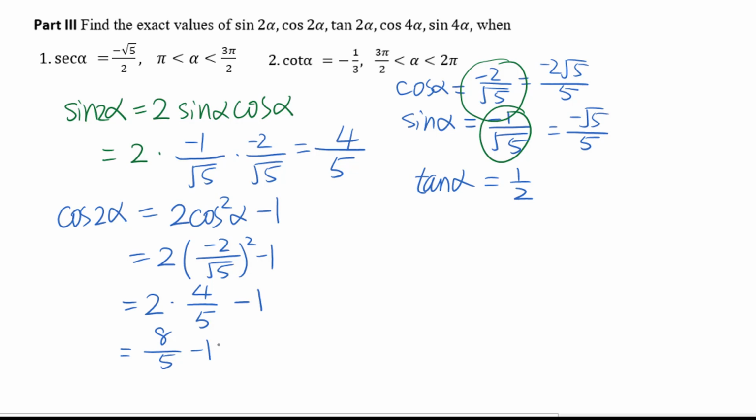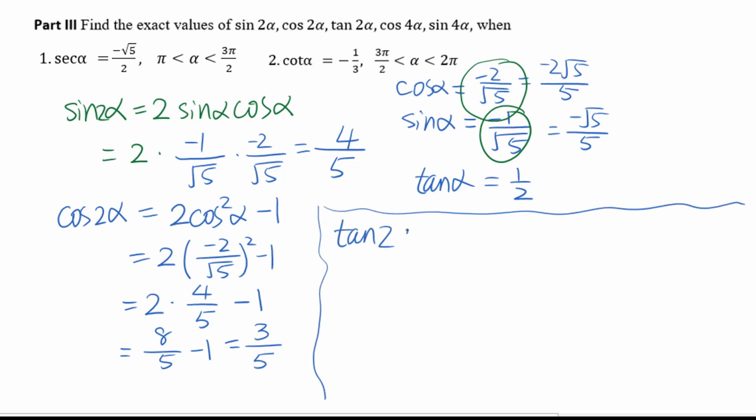Change this 1 into 5 over 5. You will get 3 over 5. For tangent 2 alpha, I will get 4 over 5 over 3 over 5, because this is sine 2 alpha and here is cosine 2 alpha. That equals 4 over 3.